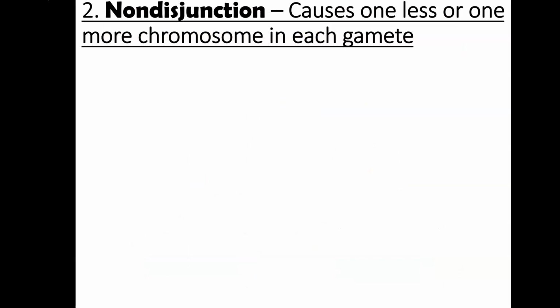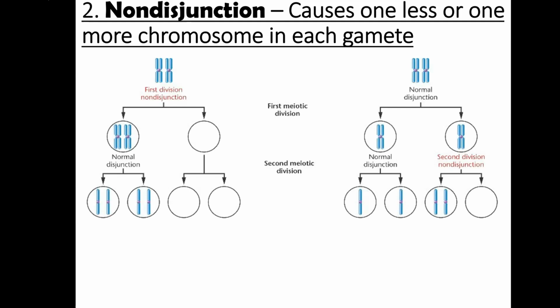Sometimes a condition known as non-disjunction happens, and it causes one less or one more chromosome to appear in one of those gametes.